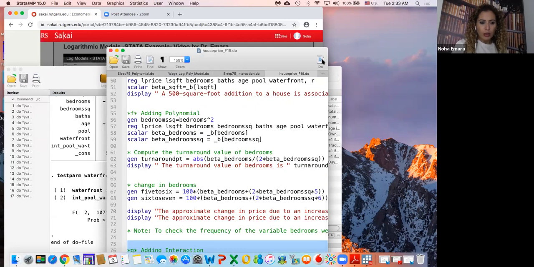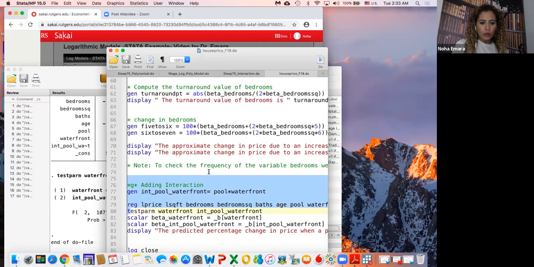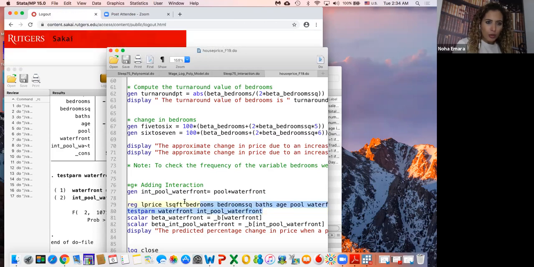After you add it to your regression, you need to figure out whether you actually need this interaction term or not. If I'm interested in the effect of waterfront and the interaction of pool with waterfront, then I need to do the test command, which is the F test.